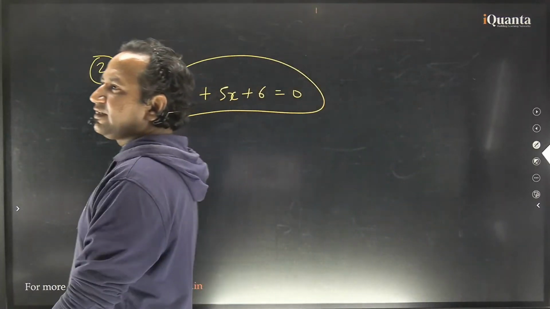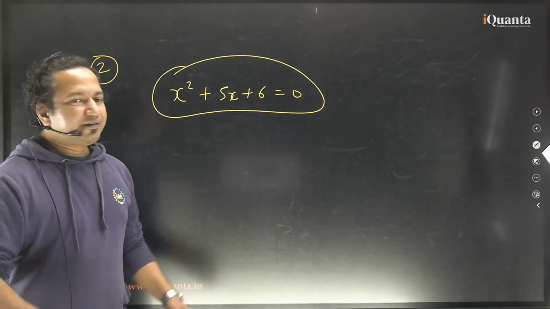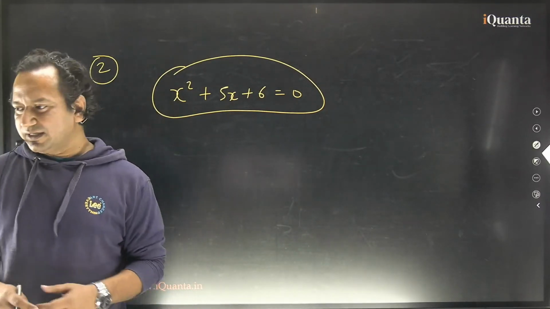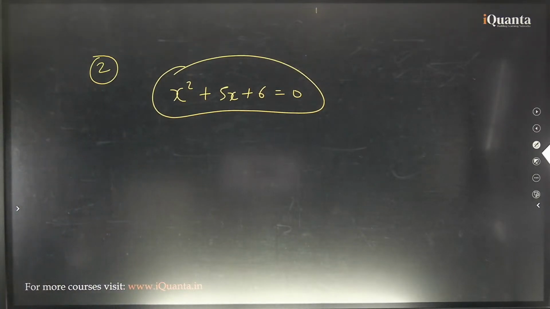There can be questions in which they ask the roots are reciprocal of this. You must have seen that, isn't it? You must have seen a lot of such questions. So how do you solve those questions?